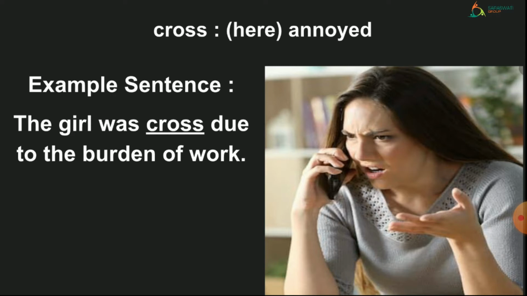If you want to use the word cross in an example, then you can use it like: the girl was cross due to the burden of work. That means there was so much work the girl was getting, so due to that the girl was annoyed. The girl was getting angry. So here cross means annoyed.